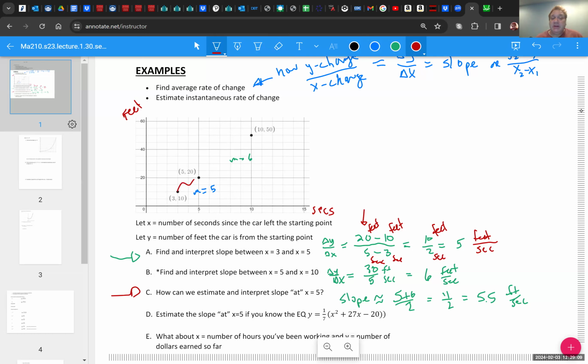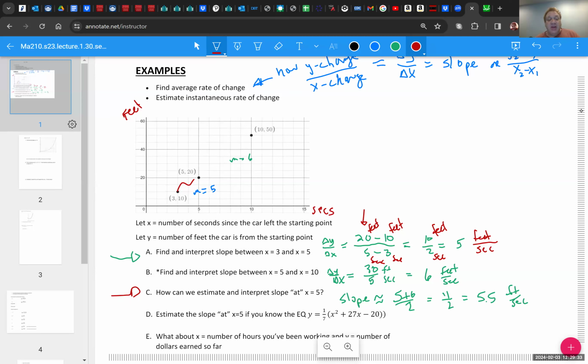We could have some squiggly line here. So all we can say is on average, the y increases by 5 feet per second. We don't know it's a constant 5 feet per second. So the subtle difference between slope and average rate of change is that slope is considered the constant value, whereas the average rate of change is what we increased on average over that span of time.